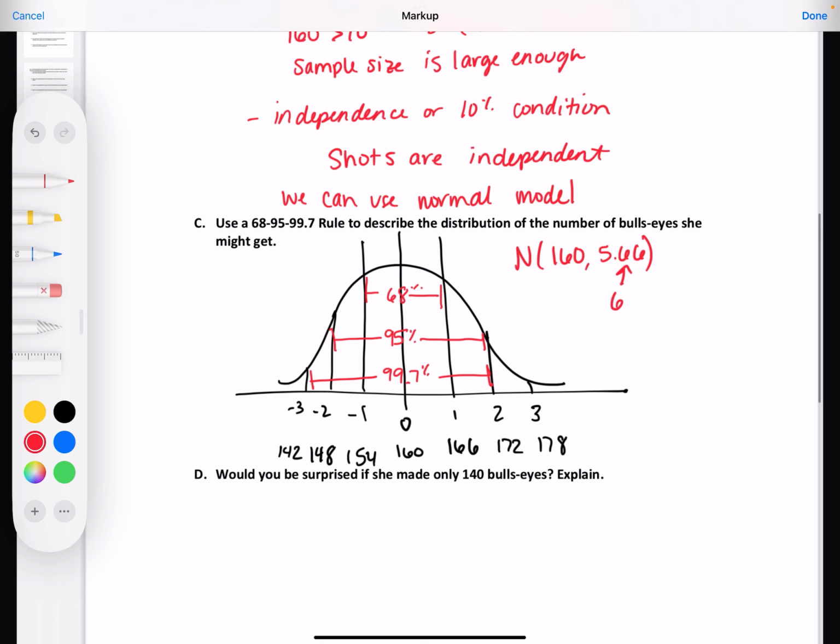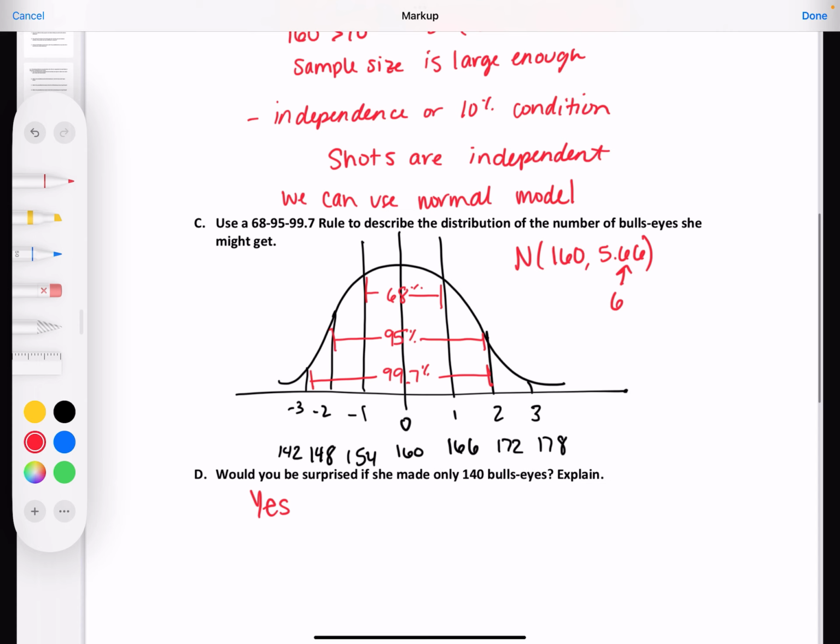Yes, because the standard deviation shows that the lowest amount is 142, so anything below that would be preposterous. Anything more than 2 standard deviations away we usually say is unusual because it's just not likely to happen, and that would be more than 3 away.